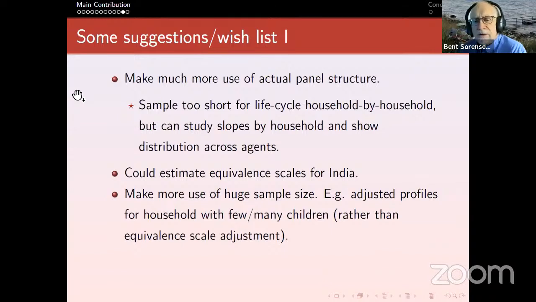Now I'll think more loosely about things that would be interesting to see. As I have already indicated, it would be very nice to make more use of the panel structure. As I said, you can estimate the slope by household instead of aggregating it all the way.